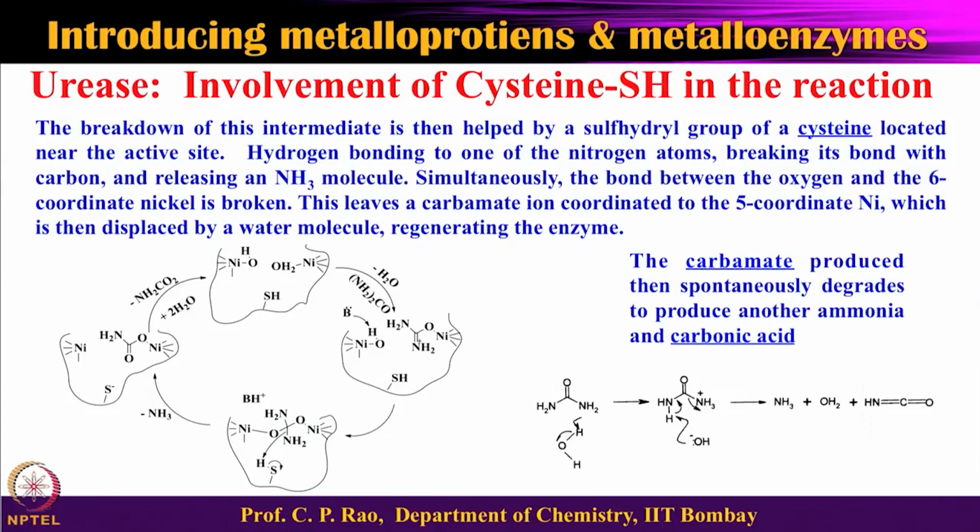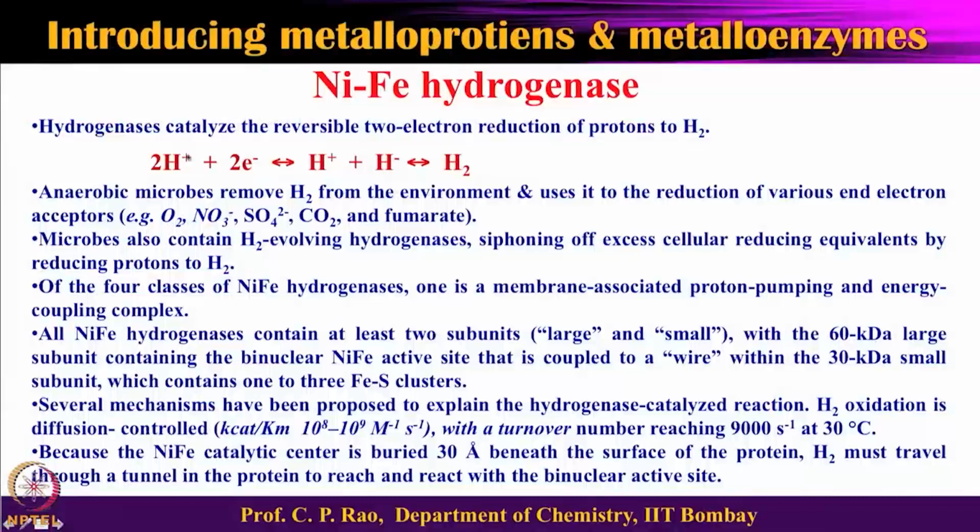Okay. Now, that is about the urease reaction. Let us look at the next enzyme, hydrogenase. Hydrogenase is an enzyme, as I mentioned earlier, that catalyzes the reduction of H+ to H2 or the oxidation of H2 to H+.